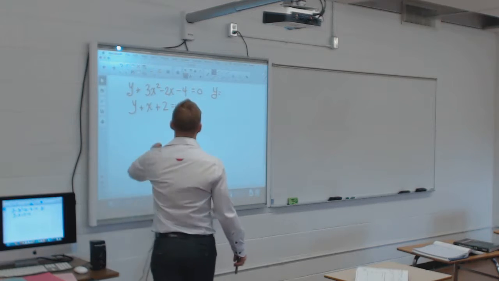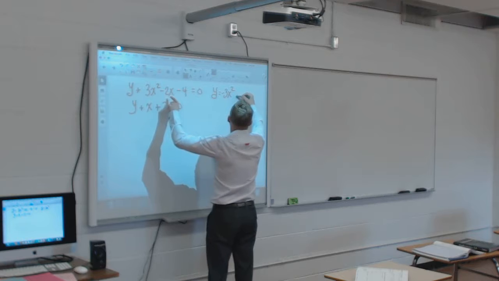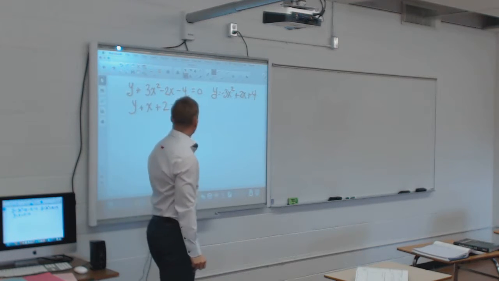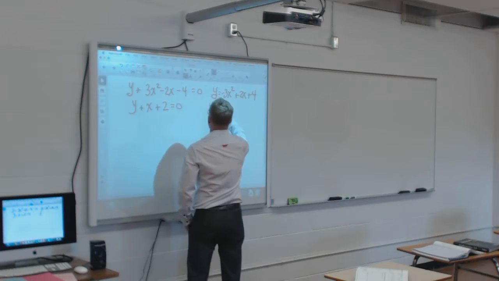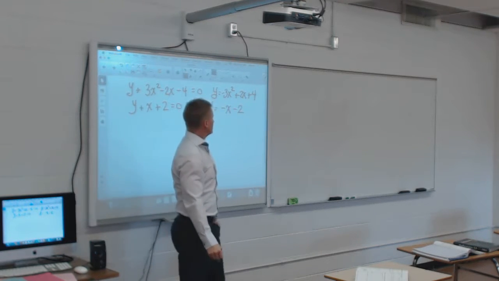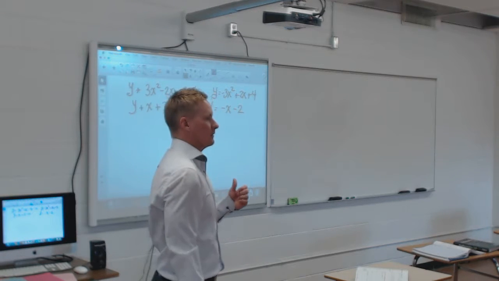That's probably the easiest, but we'll just do it. We'll subtract that, so y equals minus 3x squared plus 2x plus 4. Then I've got y is equal to -x minus 2. So what are the two shapes I'm looking at right now?